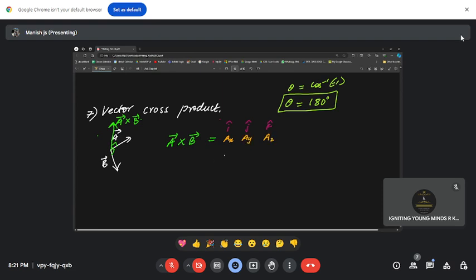Next you have components of vector B as the third row, which is BX, BY, and BZ. So these are the components of both vectors A and B taken in order as the second and the third row respectively. We have to find out the determinant of this matrix.